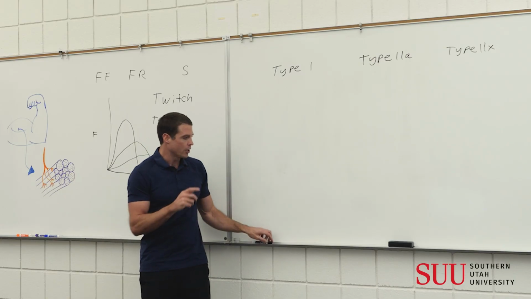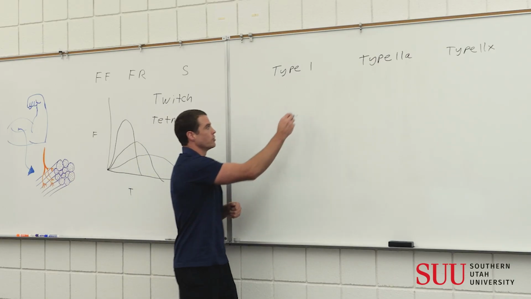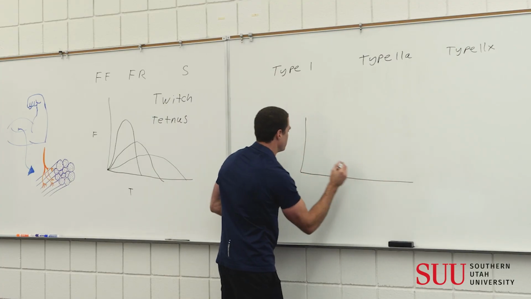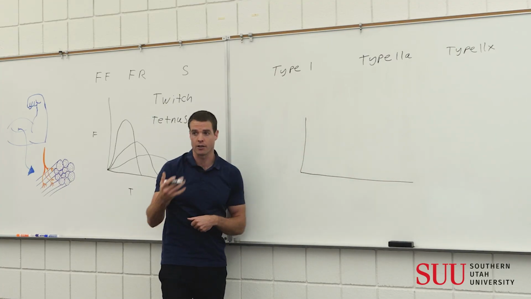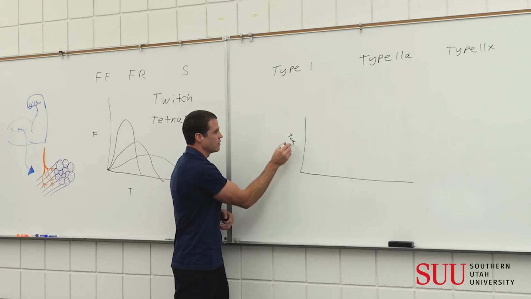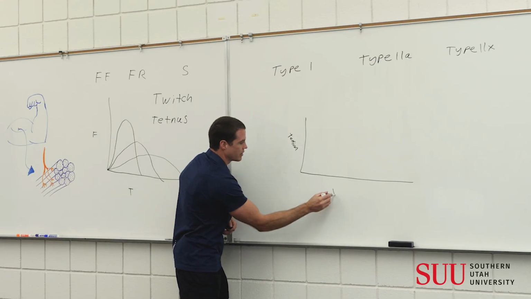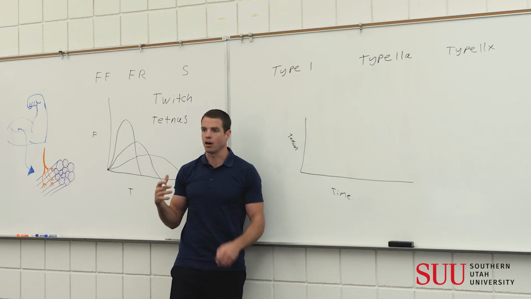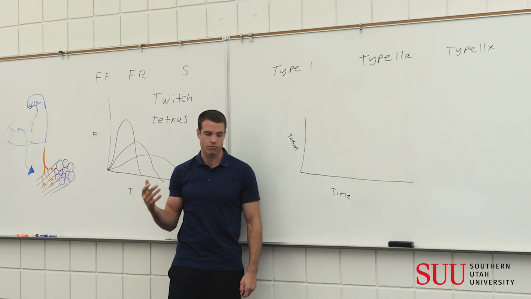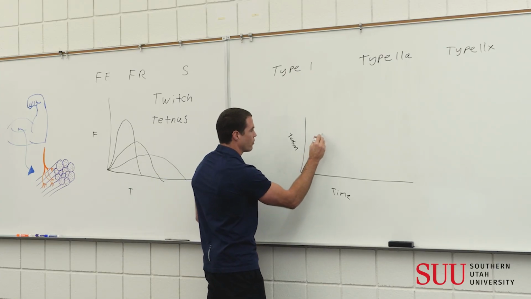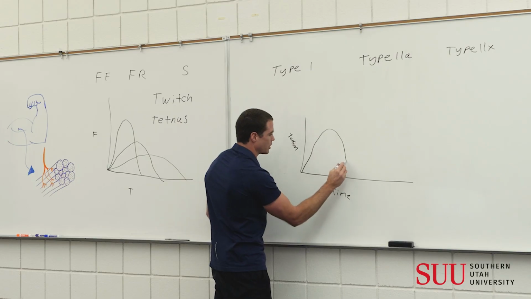Now, you could imagine if you drew a graph of what this would look like. Let's put our tension right here, and I put our time right here, and we can look at our fast twitch muscle fibers. We would have a lot of force, and it would come down pretty quick, okay?